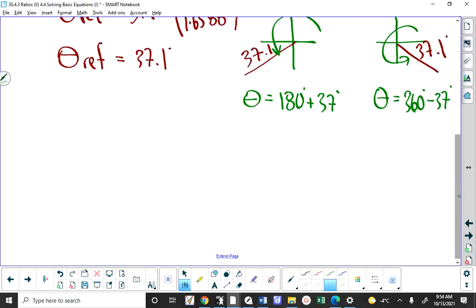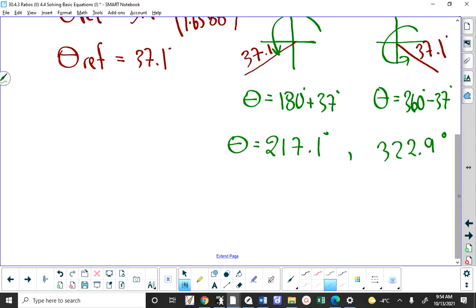So my two solutions are 217.1 degrees and 322.9 degrees. Thank you, Jason. So those are the two rotation angles in that domain of theta from 0 to 360 degrees.